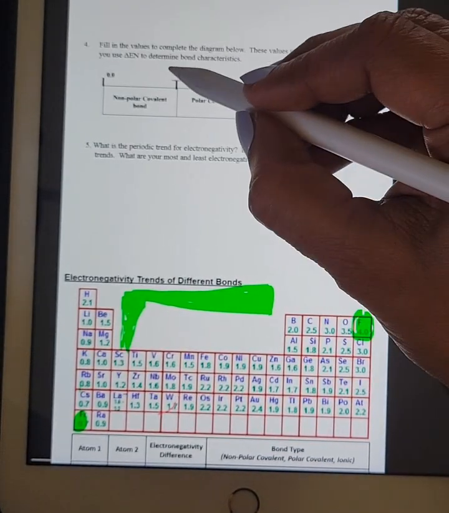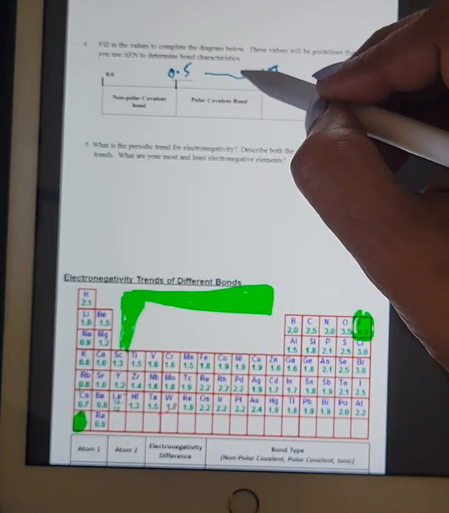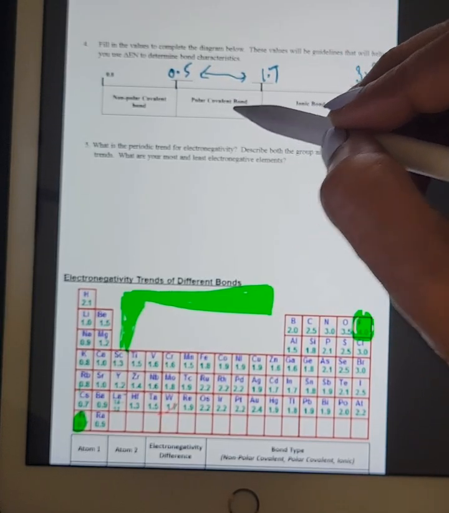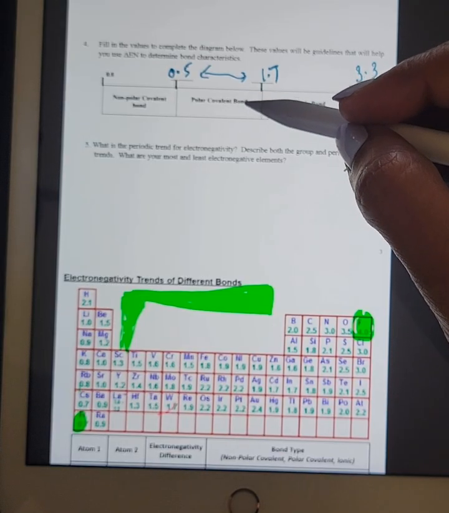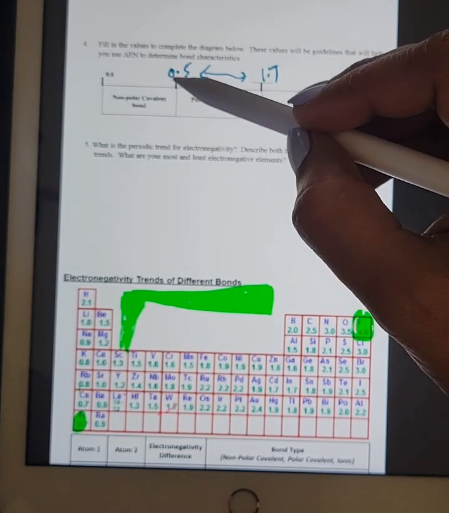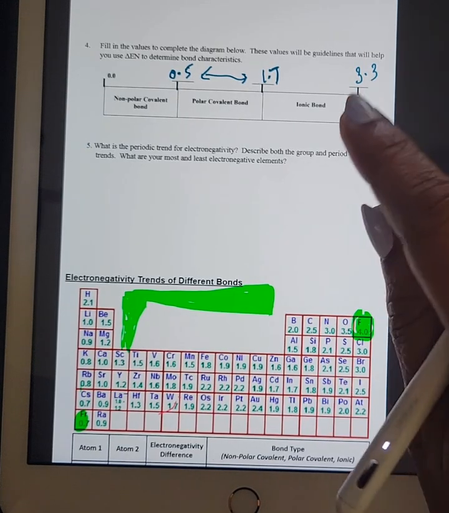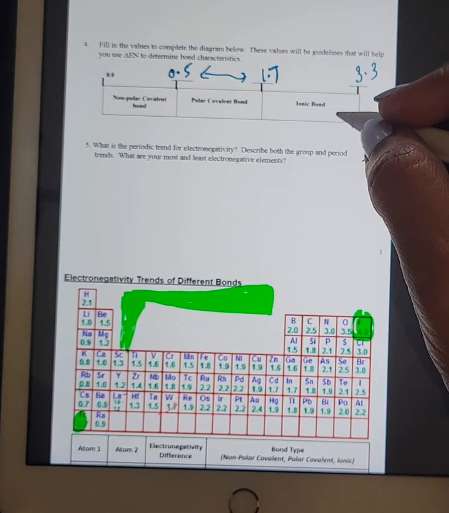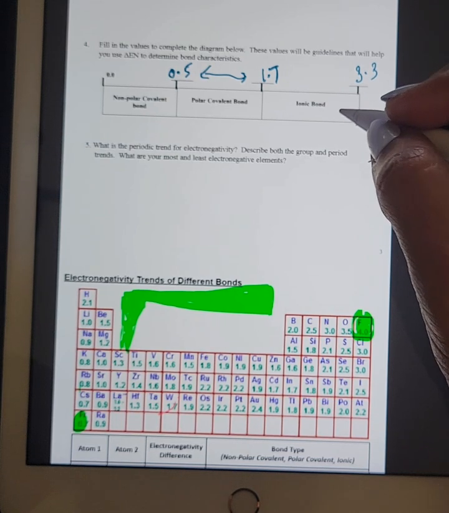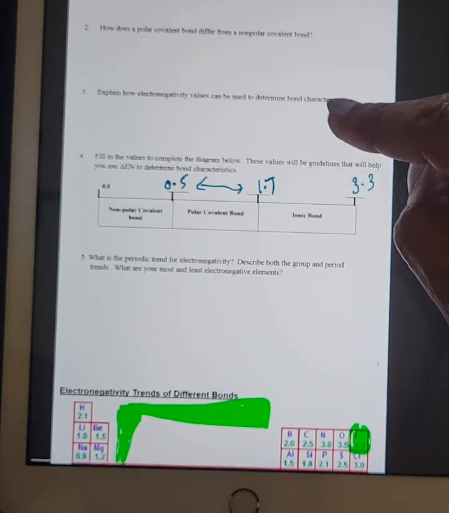If the difference is between 0.5 and 1.7, it is a special type of covalent bond called a polar covalent bond. If it is below 0.5, it is a non-polar covalent bond. We will watch a video once I'm back, or I will add a link to the video so that you can see the difference.